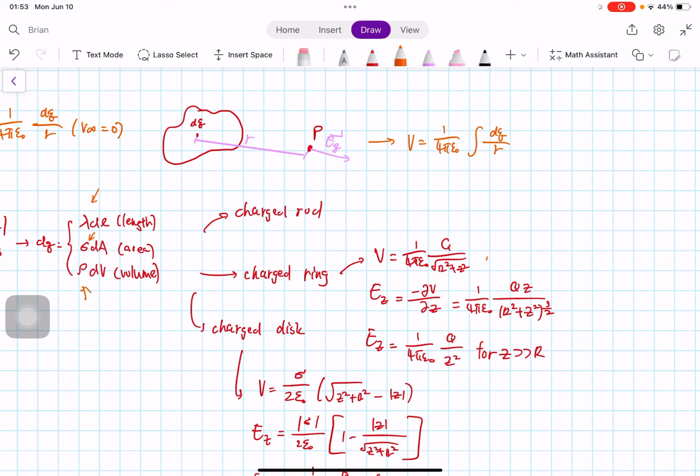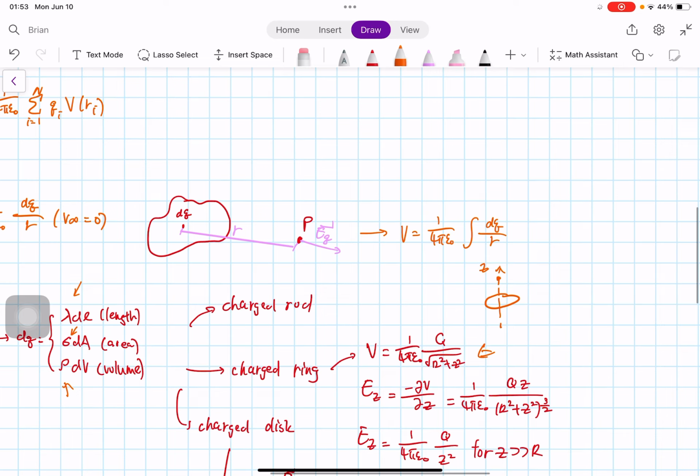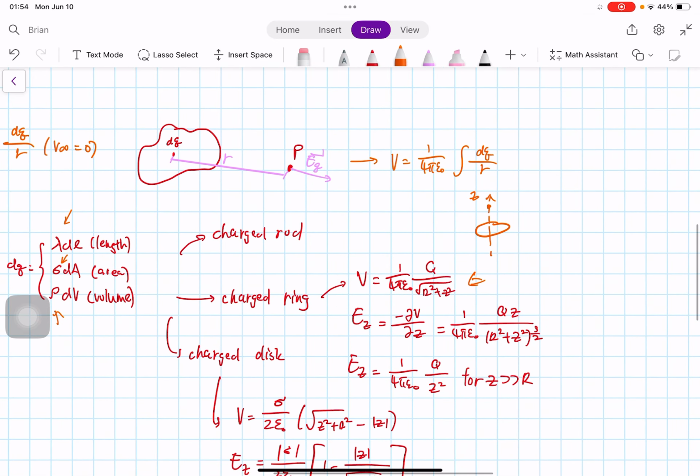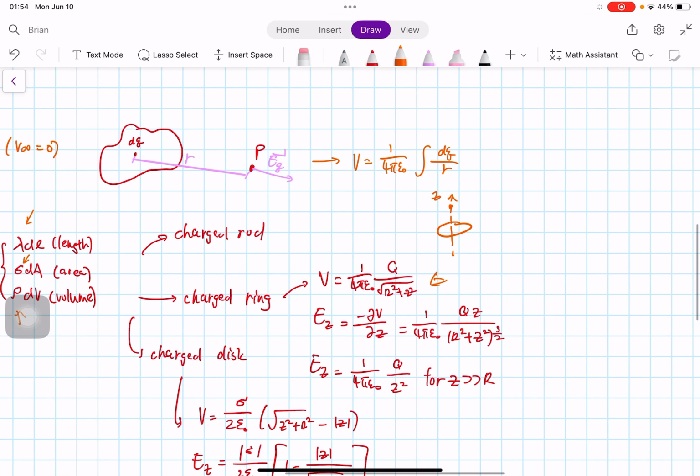And the Z here represents that if we have a ring and we're trying to find the electric potential, and this ring is uniformly distributed with the charge, and this one is the Z axis, and we're trying to find the electric potential at this point, then we can just plug in this formula if we have the radius of the ring, and if we have the Z coordinate of the point that we're trying to find.